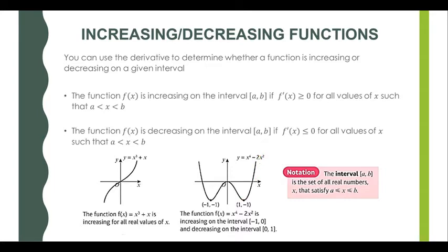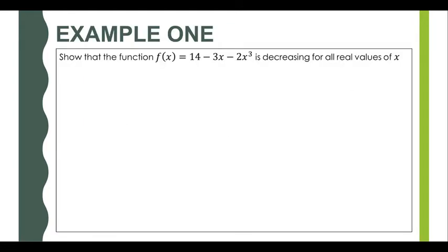It is decreasing on the other two sections of the graph, so here and here. And again, if we differentiate these functions, we would find that f dash of x is less than or equal to 0 when it's decreasing and greater than 0 when it's increasing.